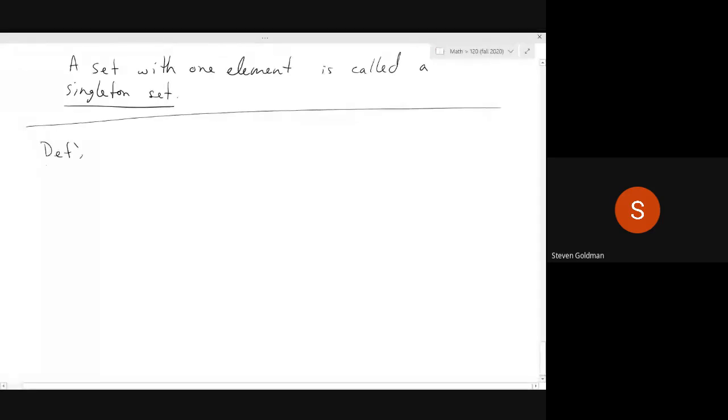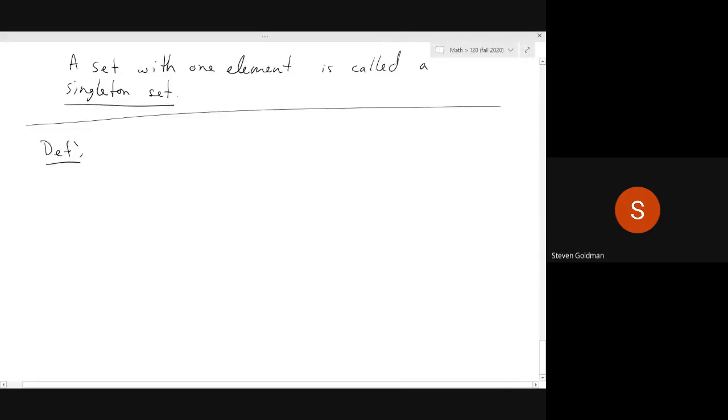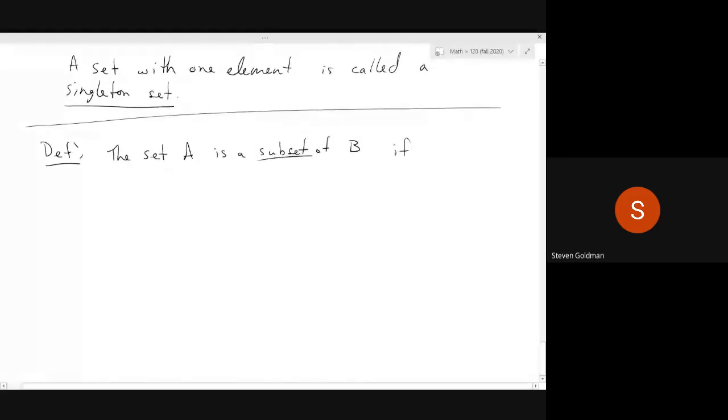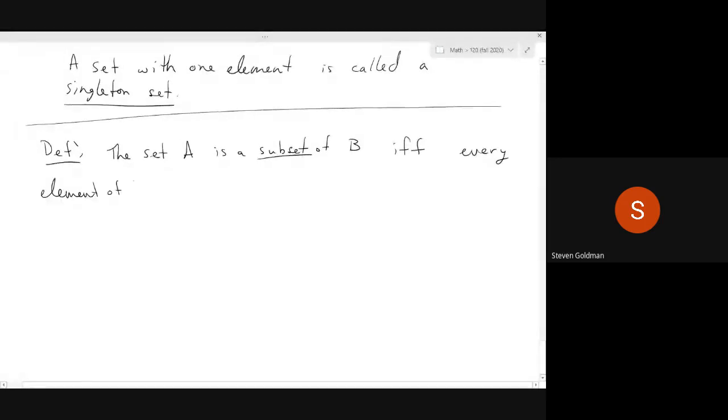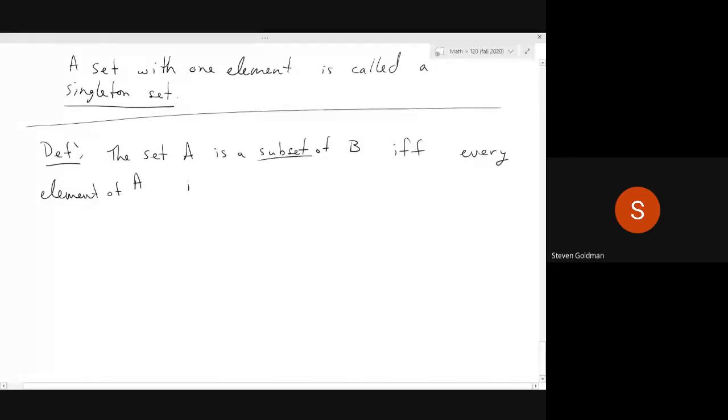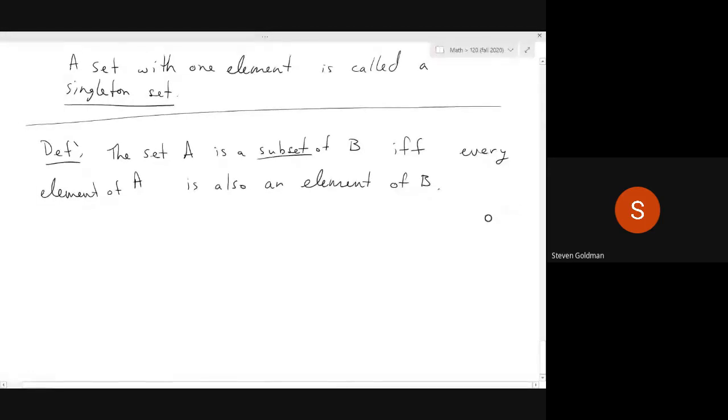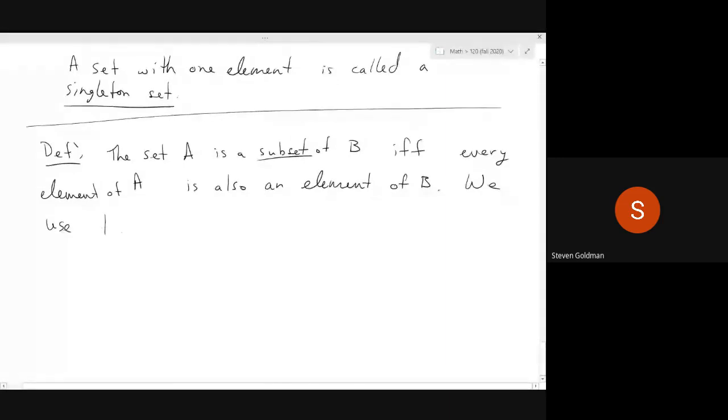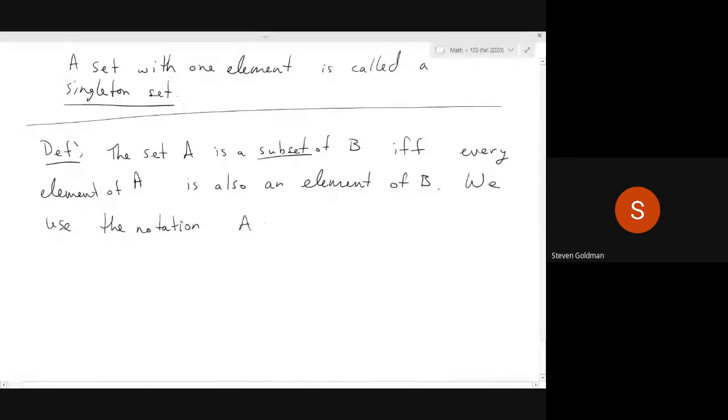Definition: the set A is a subset of B if and only if every element of A is also an element of B. We use this notation here to indicate that A is a subset of B.